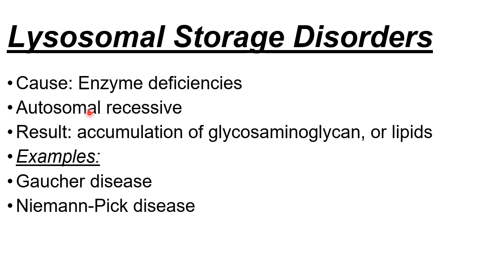So, almost all autosomal recessive in pattern yan. As a result, mag-accumulate yung mga waste products natin such as your glycosaminoglycans or mga lipids natin. Example of this, the most common is Gaucher's disease and your Niemann-Pick disease. So, discuss natin tong dalawang ito.